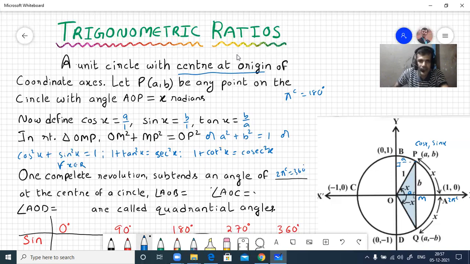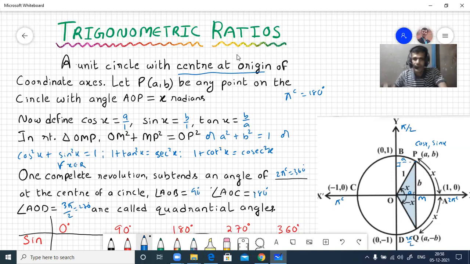It is 90 degrees, or you can write pi by 2 radians. AOC, it is straight angle 180 degrees, or you can write it as pi radians. Okay. AOD, it is reflex angle. What is it? It is 3 pi by 2 radians you can write, or 270 degrees you can write. Okay, here see 3 pi by 2.